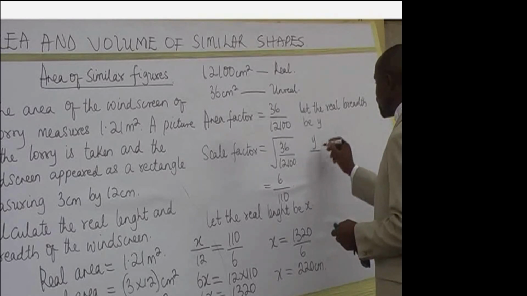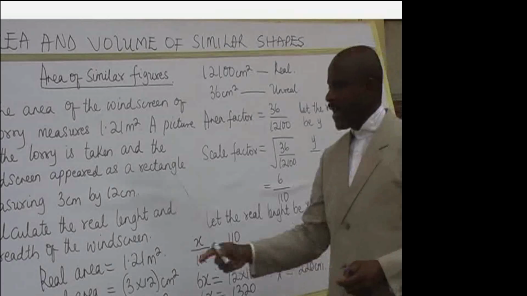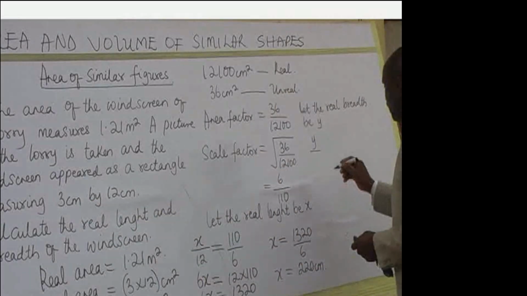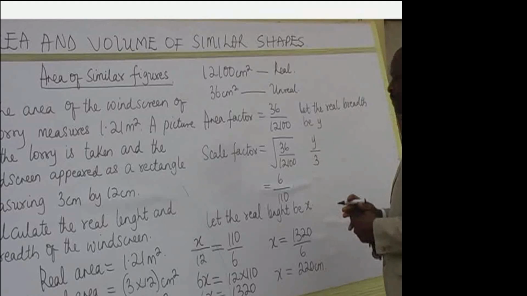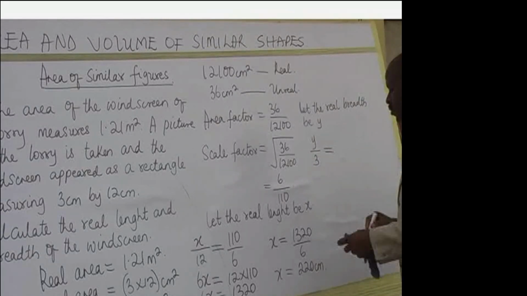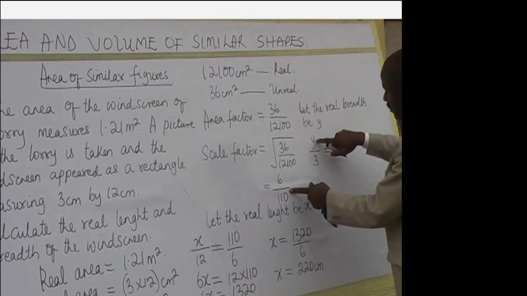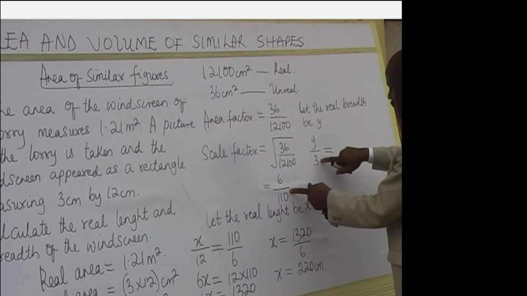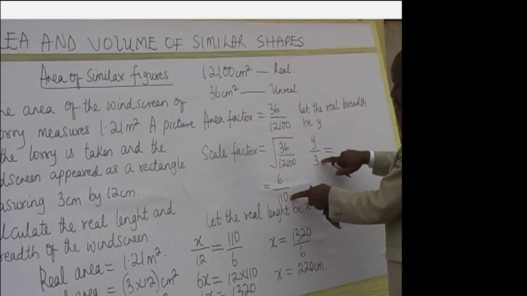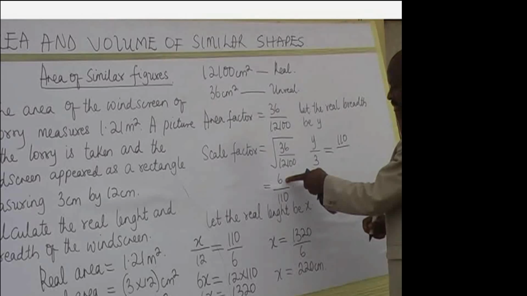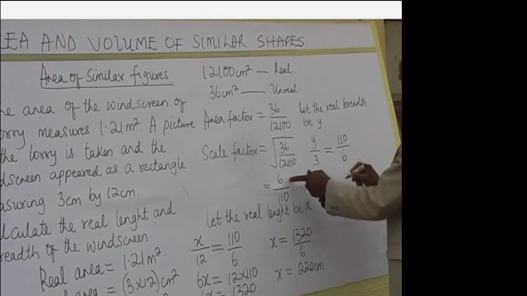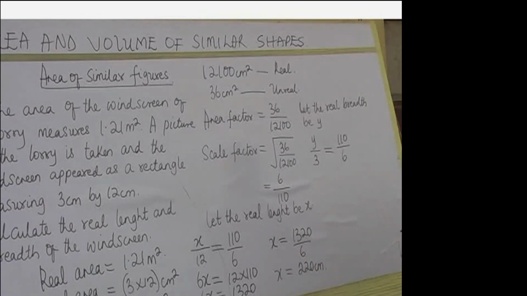That means y, which is the real breadth, divided by 3, which is the unreal breadth, the breadth inside picture, is going to be equal to, come to the scale factor again. Y is representing the real, and you divide it by the unreal. 110 is representing the real on the scale factor, so you're going to have 110 all over 6, representing the unreal on the scale factor.